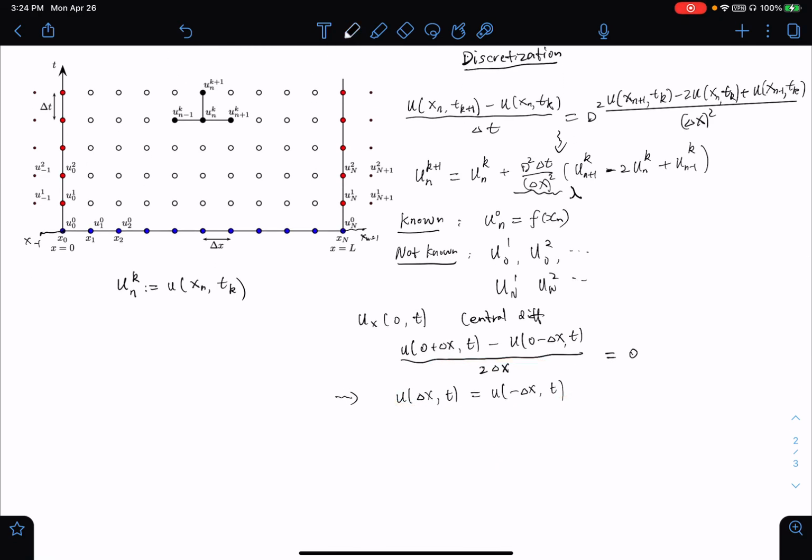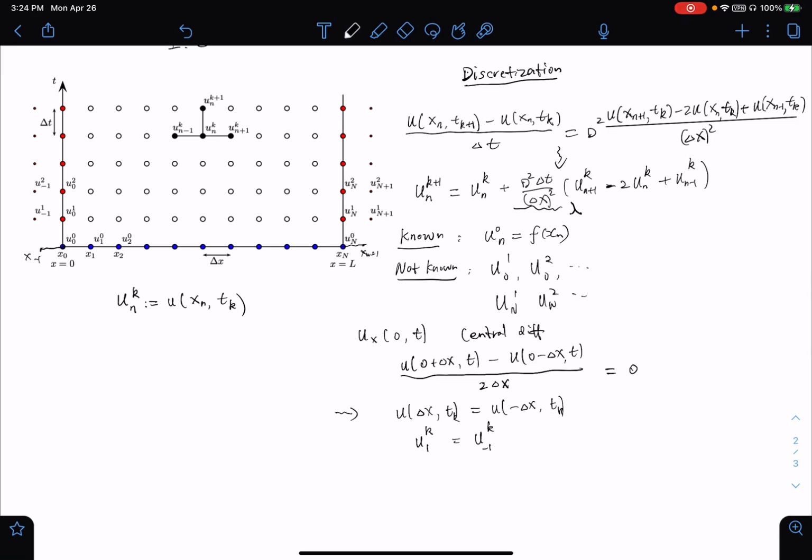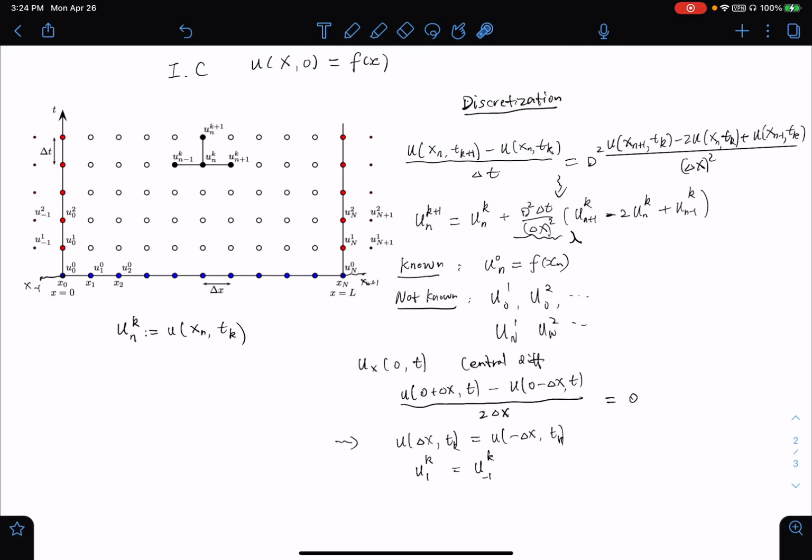So this is exactly u at delta x, and delta x is just x_1. Then for all time t, let's say we're applying it to any t_k, we have u for the x_{-1}, the fictional grid point, for any time step t_k. So in particular here, we have enforced the equation that this value is equal to this value, this value is equal to this value, this value is equal to this value.